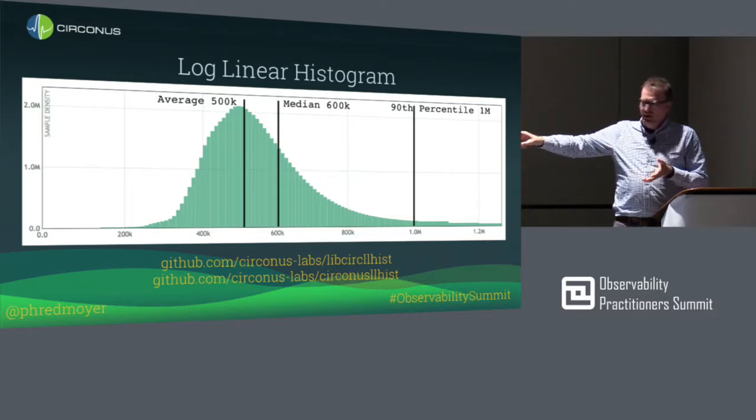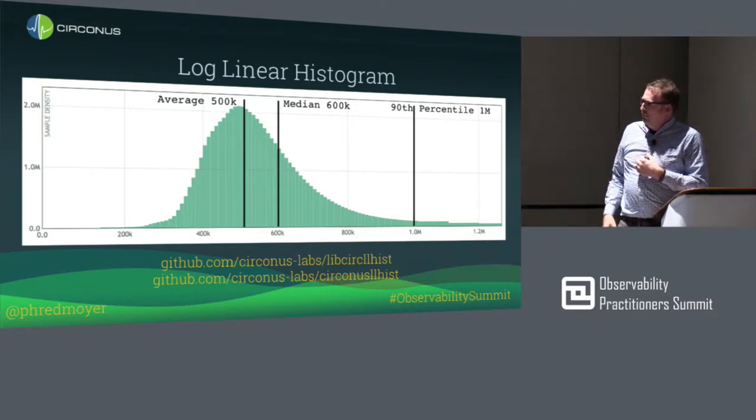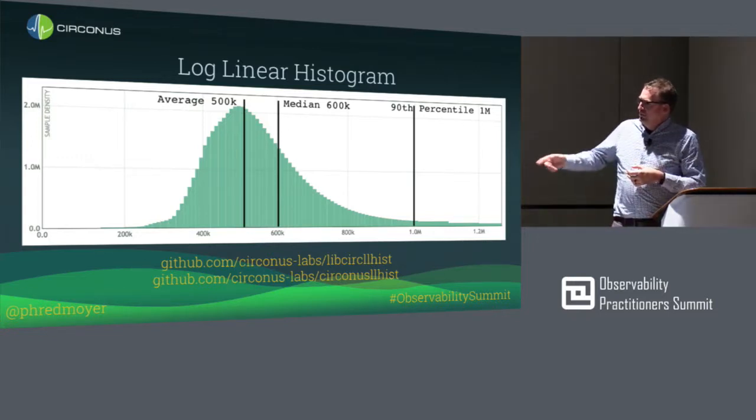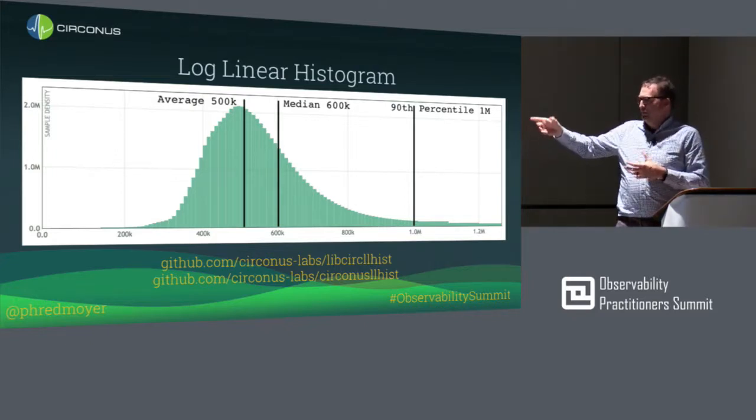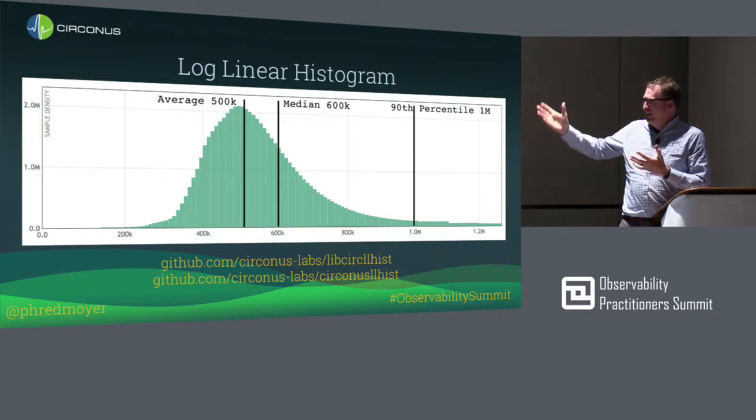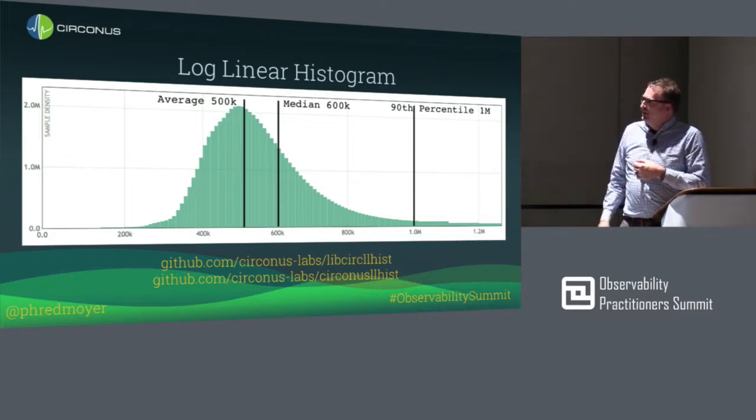The C version is on the top, Golang version is on the bottom. And I've overlaid some common aggregates there. The average is at 500,000. The median's around 600,000. This is a non-normal distribution, a Poisson type distribution, if I recall correctly. And then we've got our 90th percentile out there at 1 million.